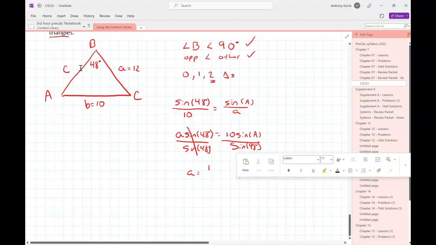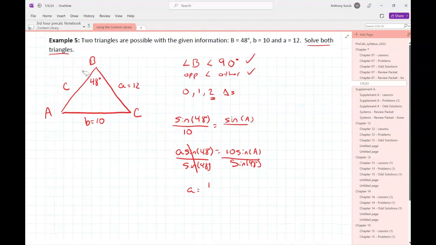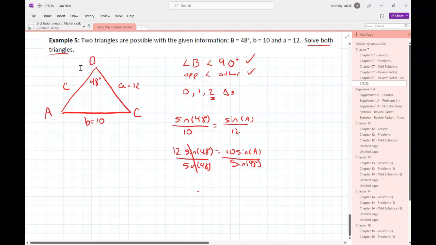Oops. Why did I write A there? I'm supposed to write 12. So we're not dividing by sine 48, we're dividing by 10. That's more like it.